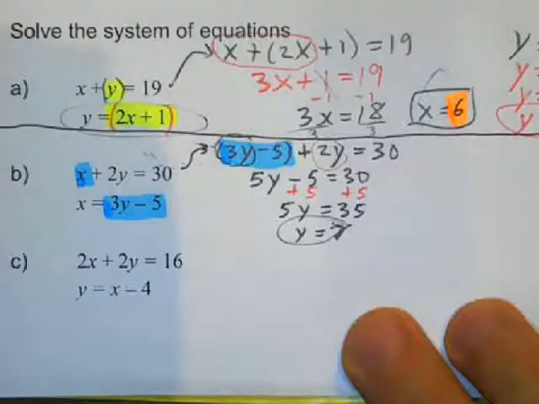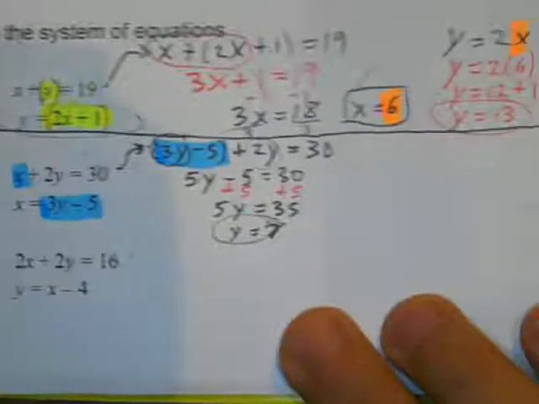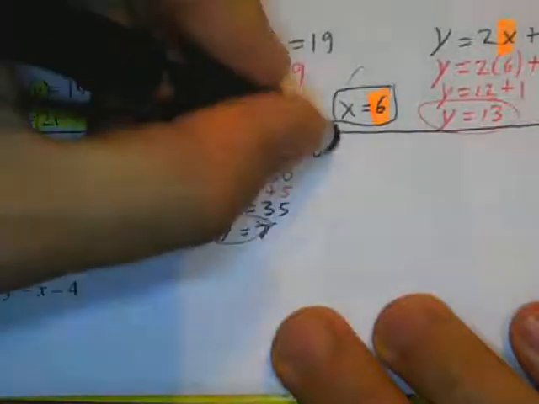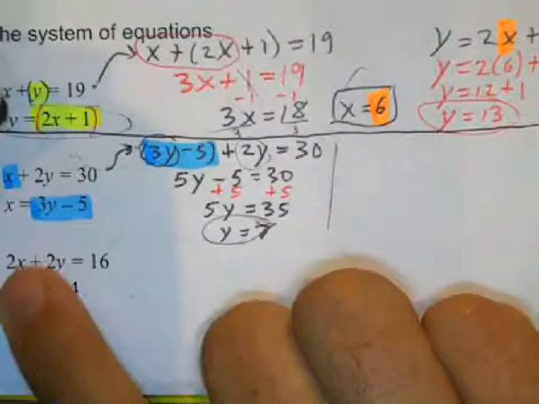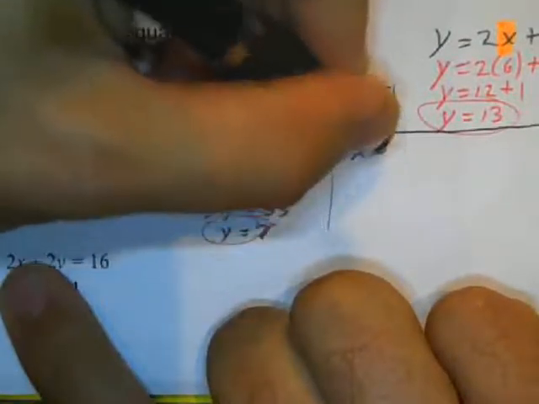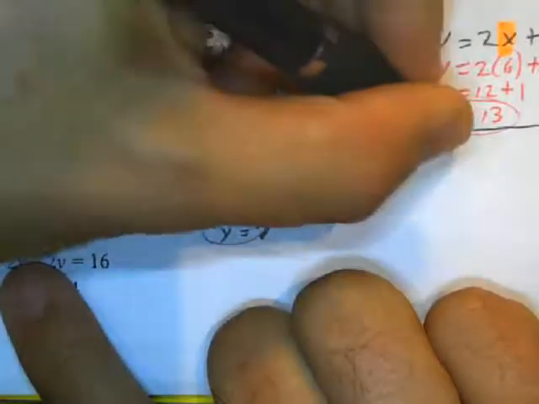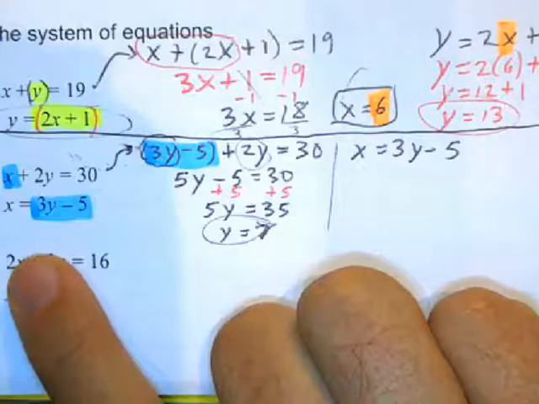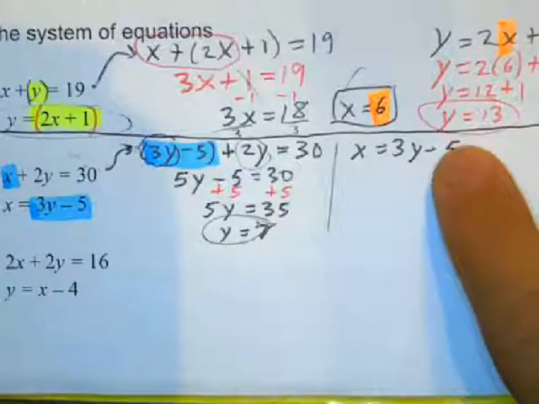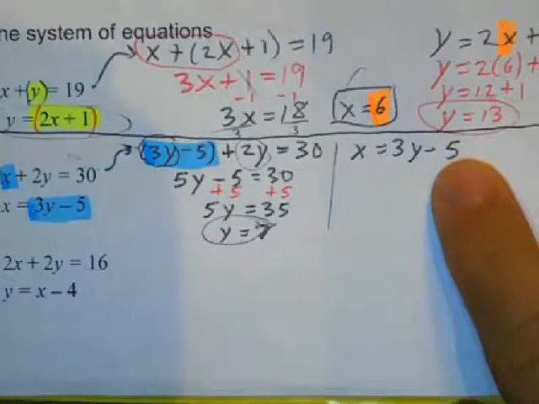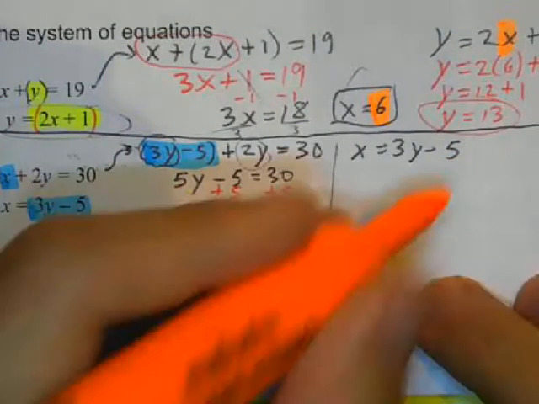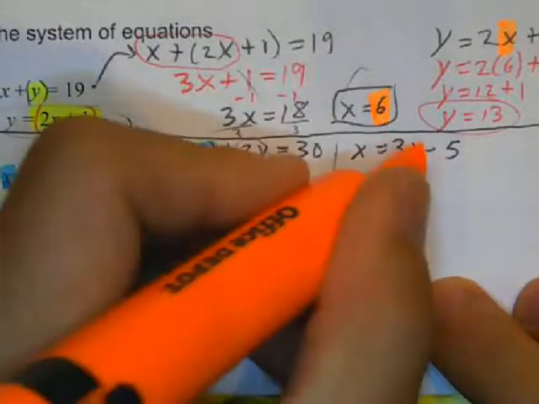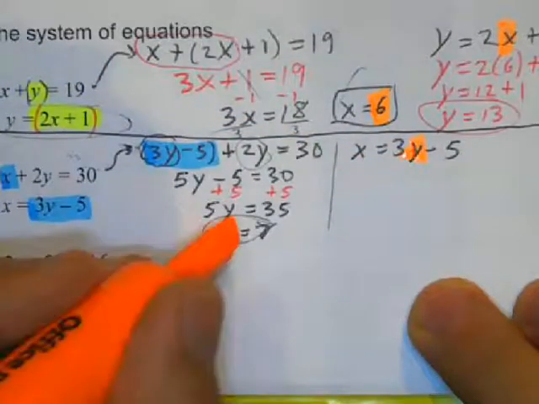So just to make things simpler, I'm going to rewrite the second equation. The second equation was x equals 3y minus 5. All I've done is rewritten the second equation over here. And I'm going to substitute, instead of writing y, I'm going to write 7.